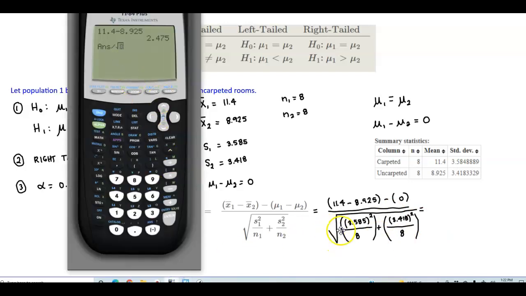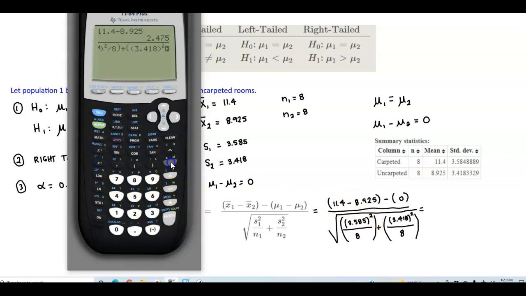So we have the square root, we have parenthesis and second parenthesis, 3.585, okay, close the parentheses and square that, and then divide that by 8, and then close the parentheses. So that's the first part. Then we're going to put in plus. Then parentheses, second parenthesis, 3.418 with the closed parenthesis and square that.